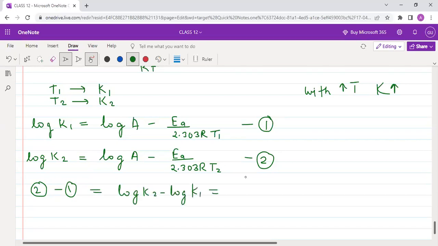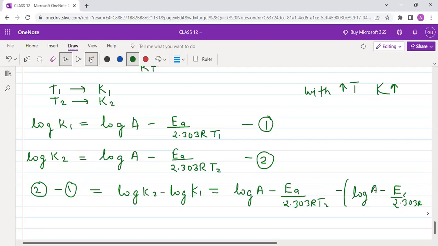And on the right hand side it will become log A minus Ea by 2.303 RT2, minus the bracket of log A minus Ea by 2.303 RT1.